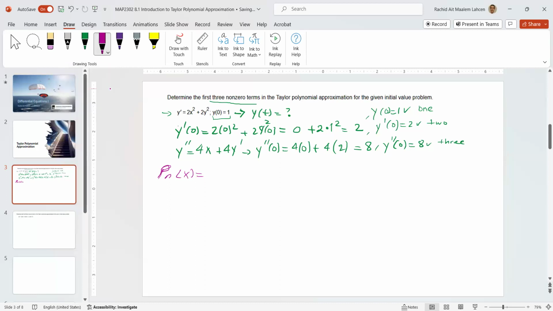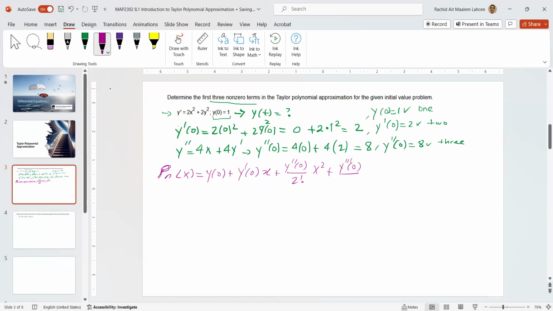It is y of 0 plus the first derivative evaluated at 0 times x plus the second derivative evaluated at 0 over 2 factorial times x squared, and so on.